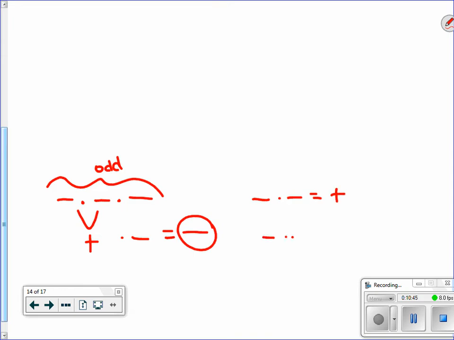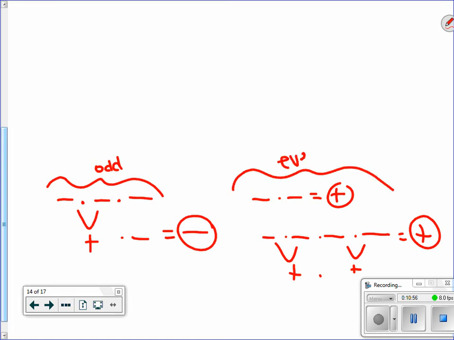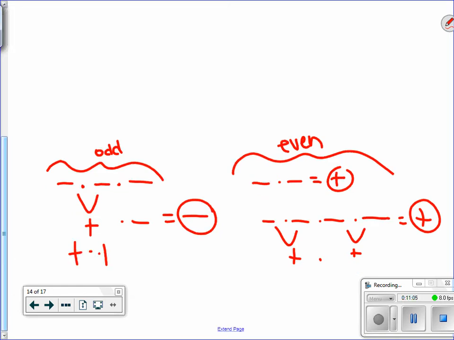If you had a negative times a negative times a negative times a negative, well, positive times positive is positive. So any even exponent, it will always be positive. Odd can be negative or it can be positive, because what if you had positive times positive times positive? Okay, so that would be positive.